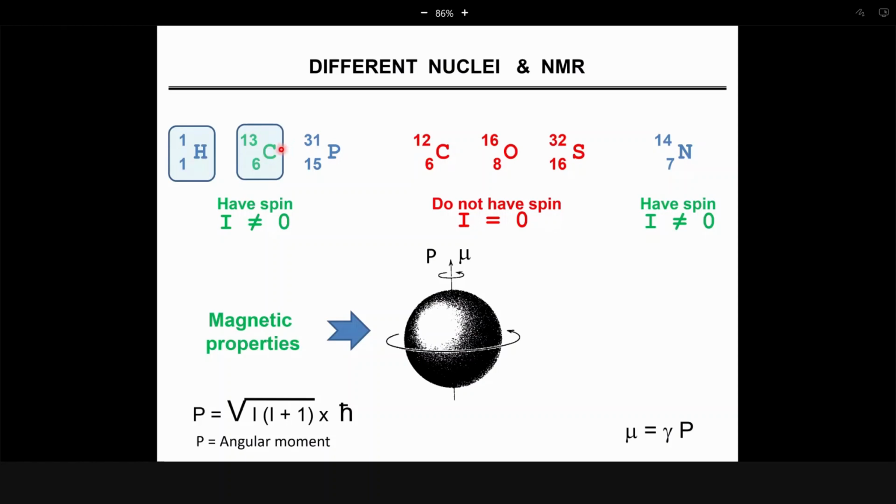But when you work on peptides, proteins, and so on, usually people also analyze phosphorus or nitrogen. But you see that for the most abundant atoms, like carbon-12 or oxygen, we don't have any I number, so we won't have any NMR spectrum for these atoms.